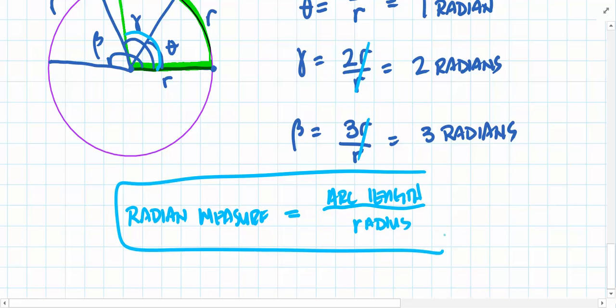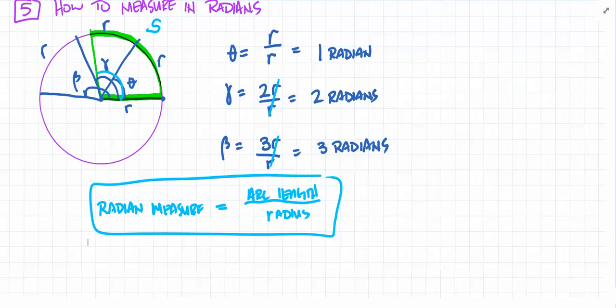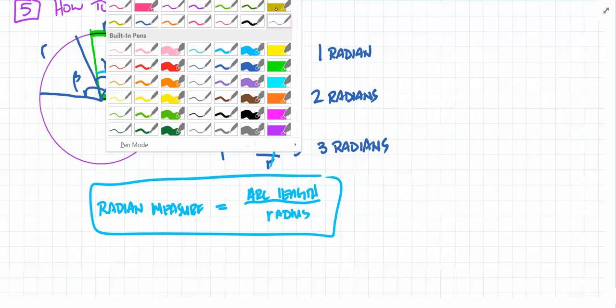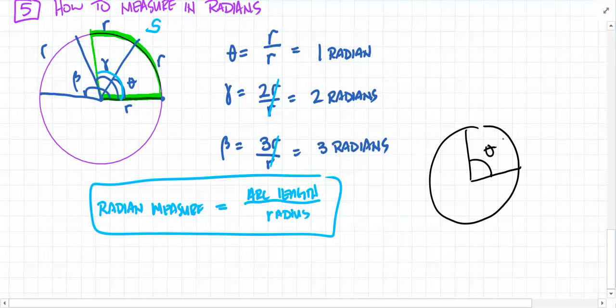So if I want to just talk about radians in general, if I don't know exactly what it is, I take my arc length, whatever it is, divided by my radius. So if I have a generic picture that looks something like this, and I have some angle in here called theta, and I have some arc length s, and a radius, then the way that we measure radians is theta is equal to my arc length divided by my radius.